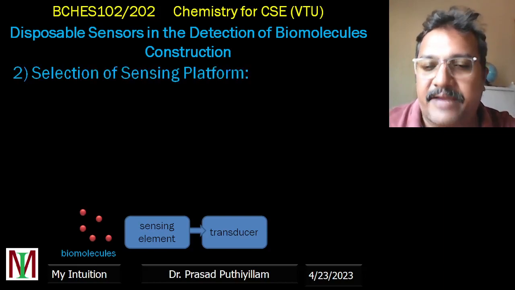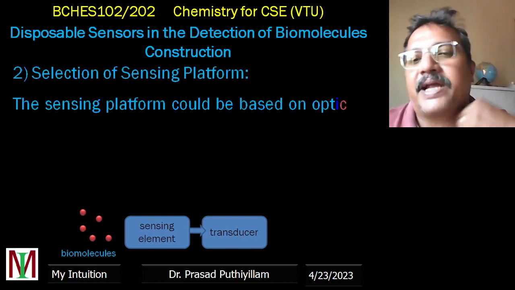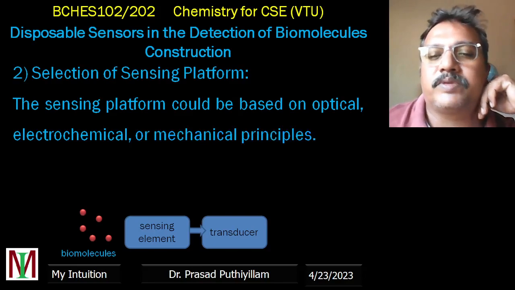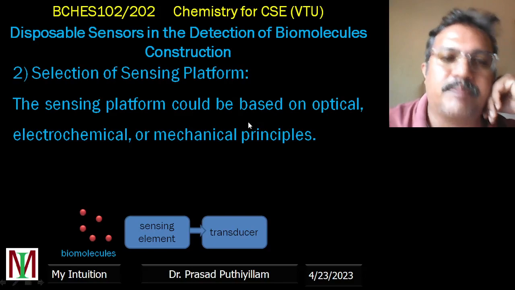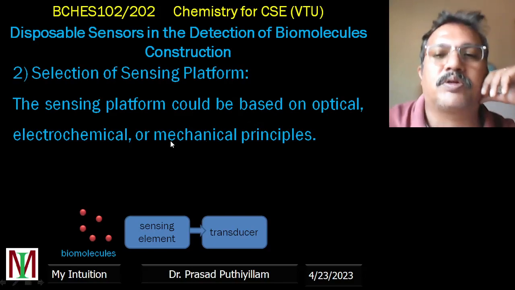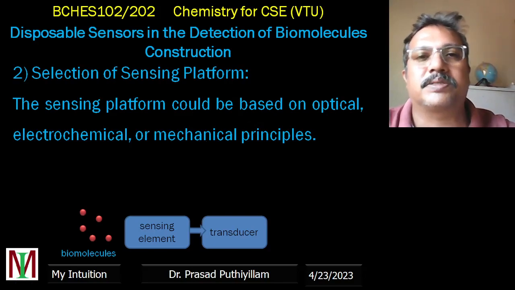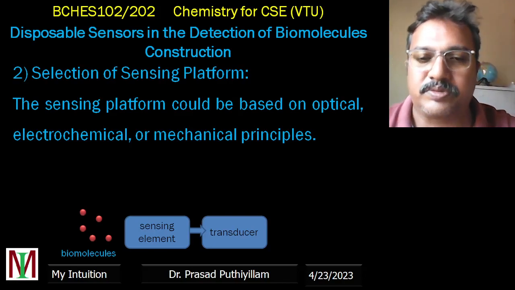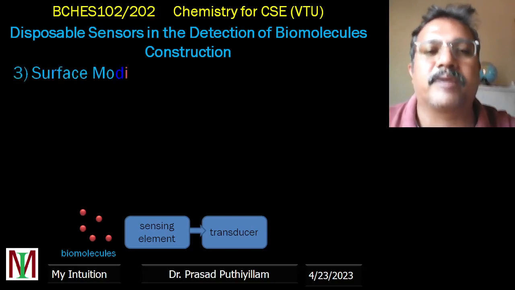Selection of the sensing platform. The sensing platform is the support on which we keep the sensing element. It will be based on whether it is an optical based disposable sensor, or electrochemical reaction, or mechanical principles are used. Based on that the platform will vary.